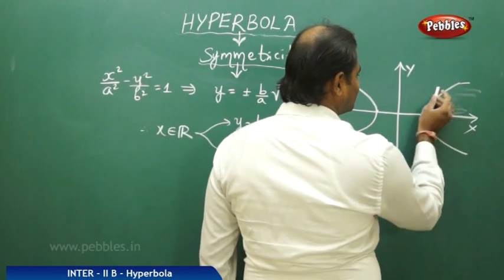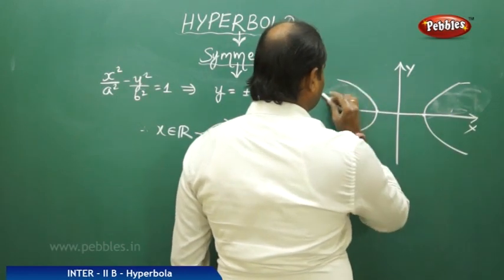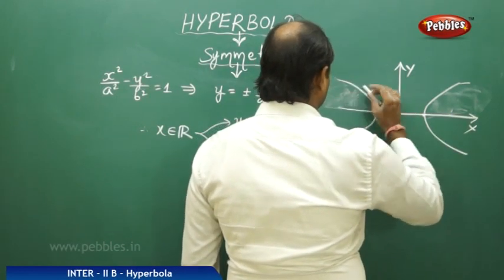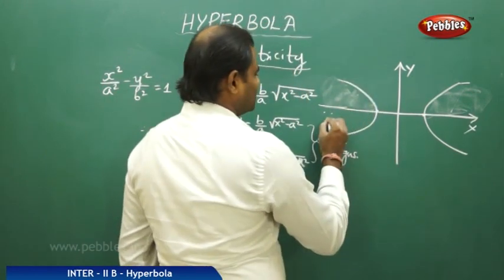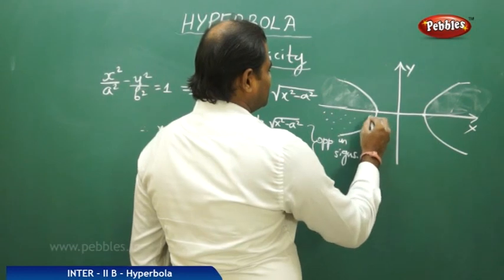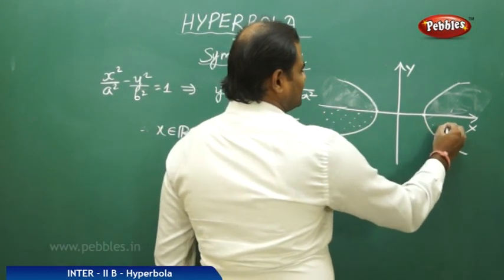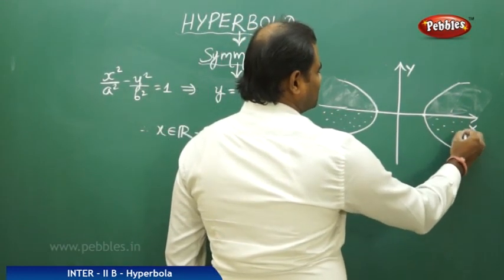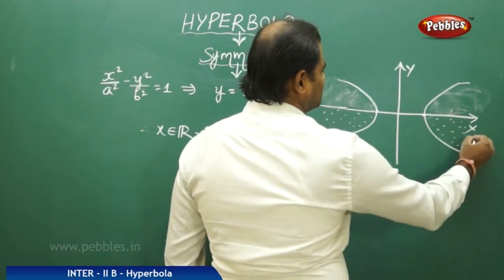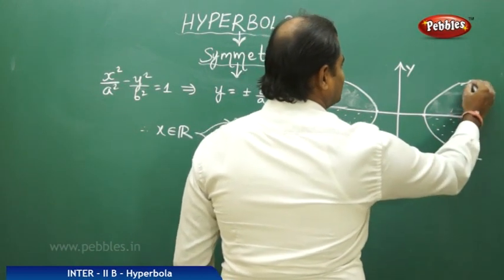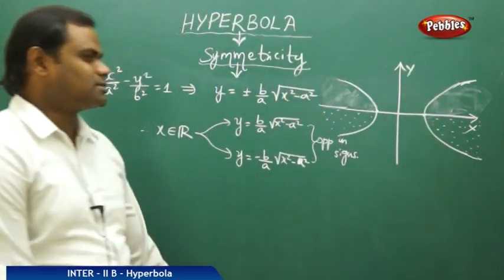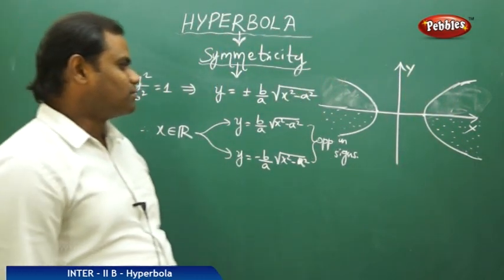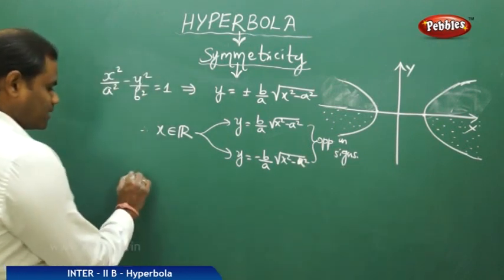That is, the part above and the part below are exactly symmetric with respect to the x-axis. That's how we understand the symmetry of the hyperbola with respect to the x-axis.